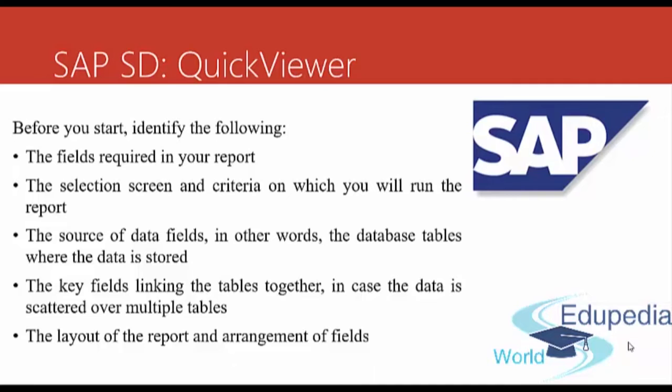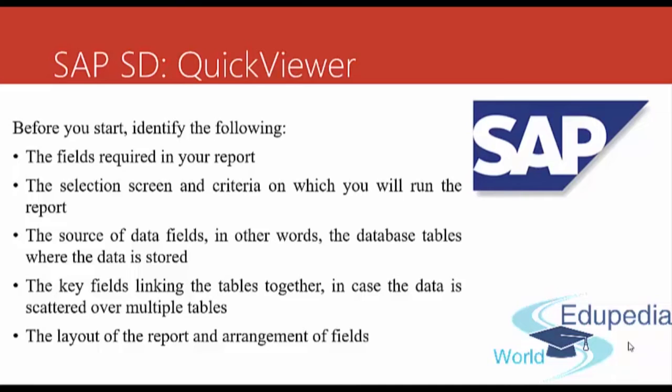Before you start, you must identify the following: the fields required in your report, the selection screen and criteria on which you will run the report, the source of data fields, in other words, the database tables where the data is stored.